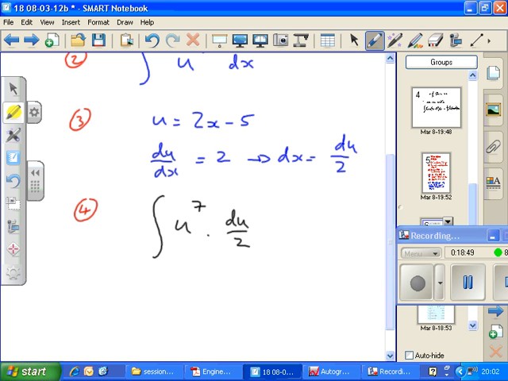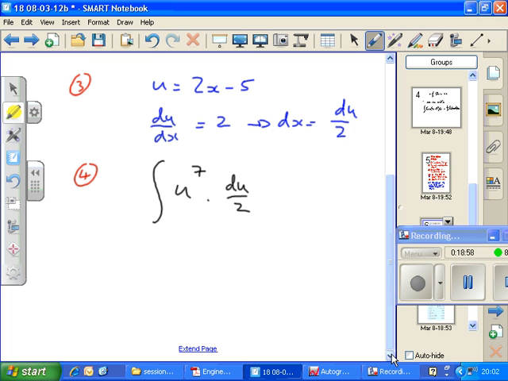That's okay, I can do that. And hopefully now it looks like a standard integral. You don't have to, but at this point I would try and bring this 2 outside, so this can become a half of the integral of u to the 7 with respect to u.